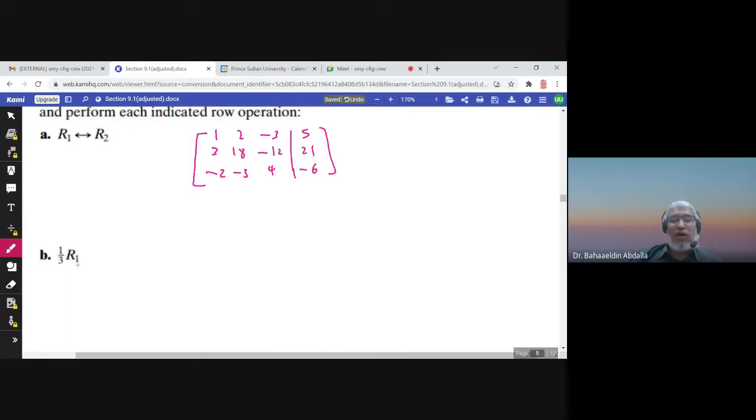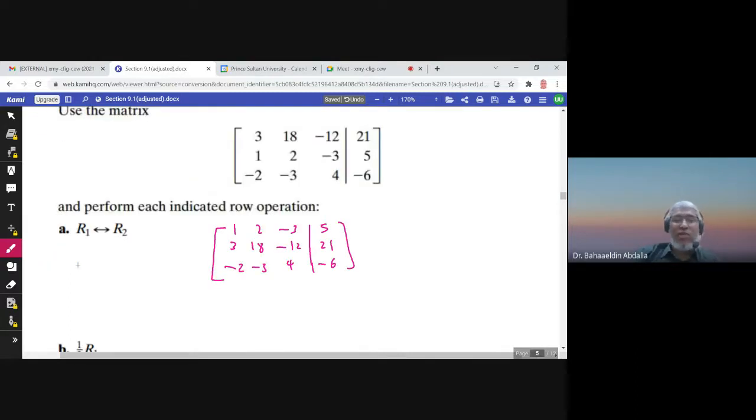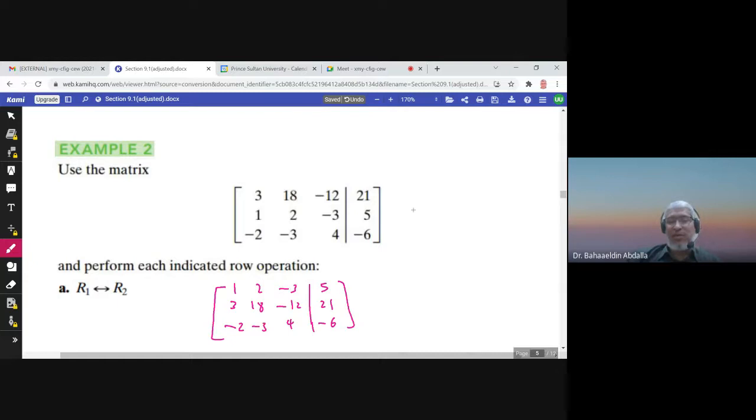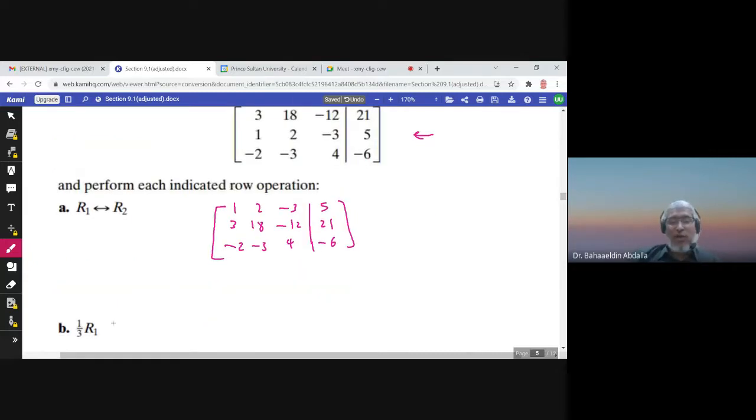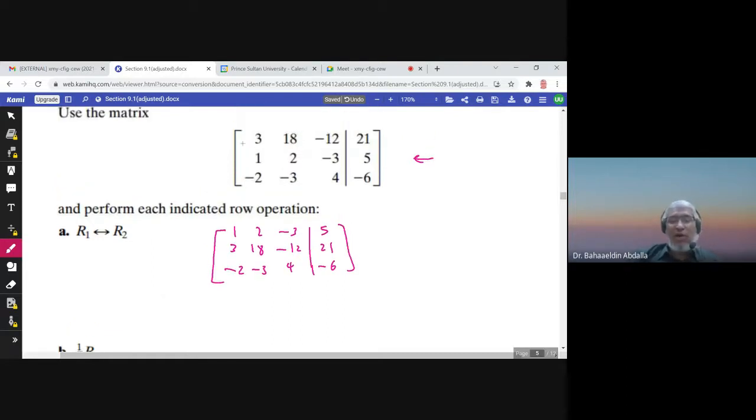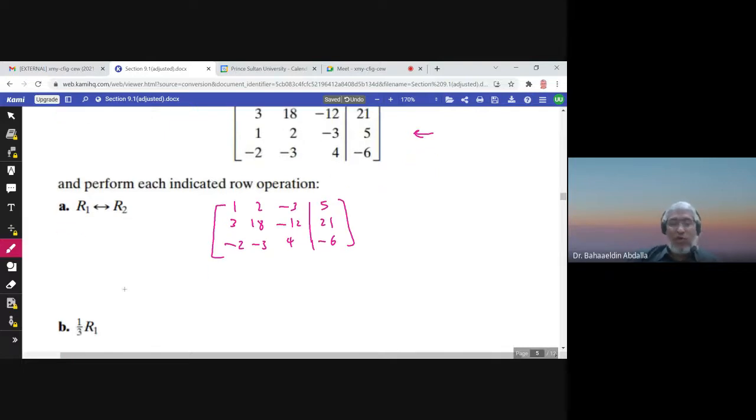Now 1 over 3 R1. I will work always with the original matrix. What to do? Row 1, I multiply row 1 by 1 over 3. So 1 over 3 times 3 is 1. Multiplying by 1 over 3 is like dividing by 3.